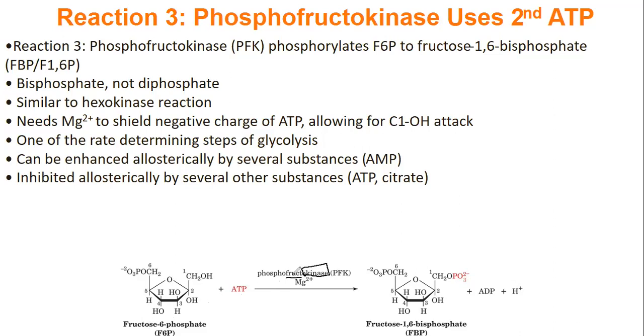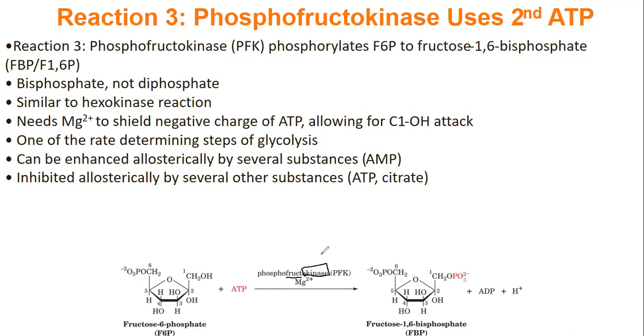Phosphofructo means I have a phosphate on my fructose. Phosphofructokinase, a kinase is an enzyme that adds a phosphate. So if I was going to say PFK's name in an English sentence, it's an enzyme that adds a phosphate to a phosphofructo group, phosphofructokinase.